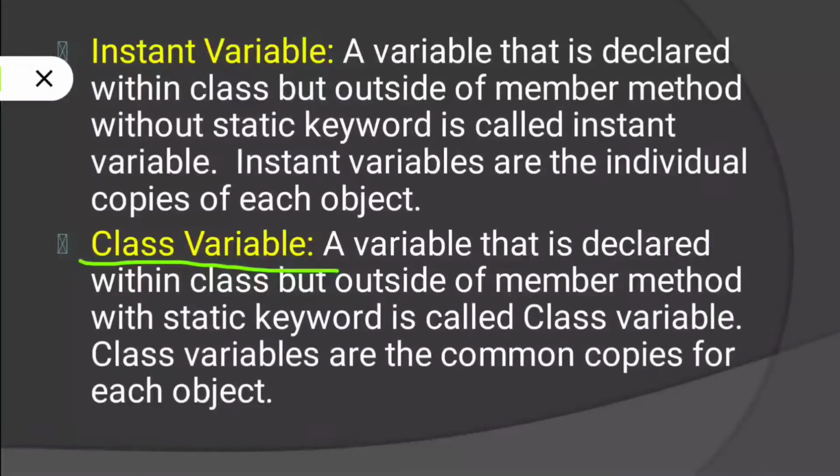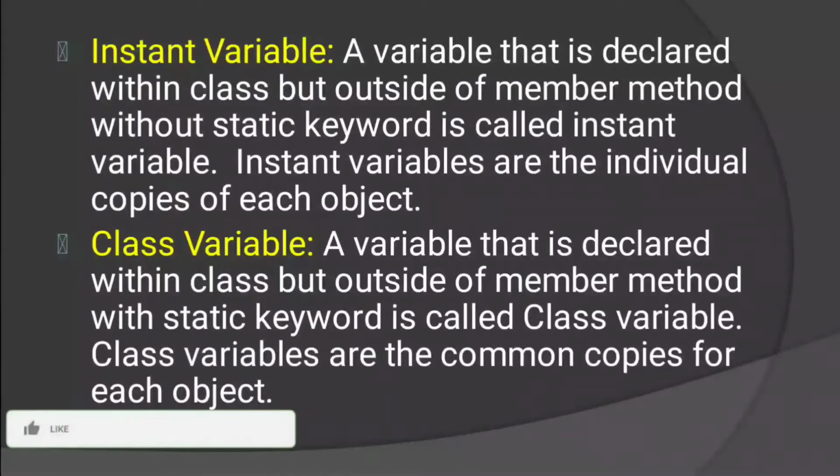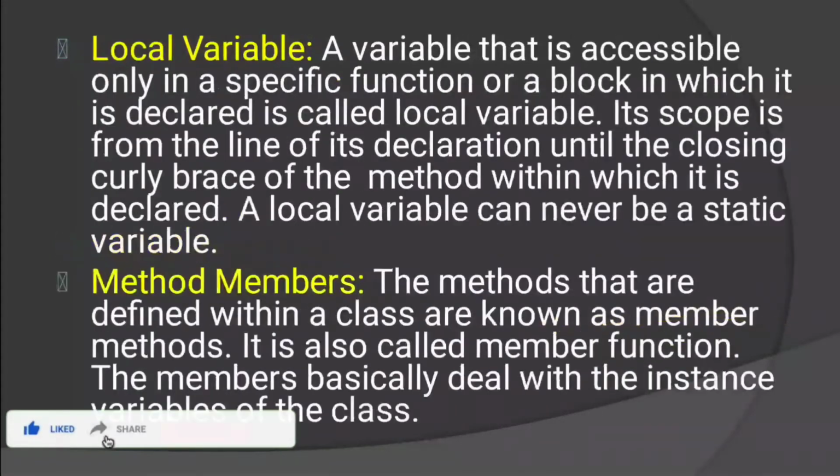That variable is called a class variable or static variable. Class variables are the common copies for each object. Understood? Okay, then next we will proceed.